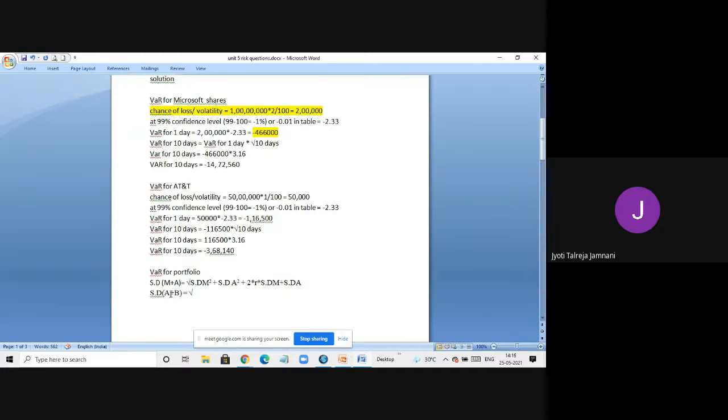So here M plus A is equals to, now standard deviation of M we have found out of Microsoft, it is 2 lakh, this yellow highlighted. So I have to find in the square root sign, we have to do 2 lakh square. So of 2 lakh, we find the square of this.